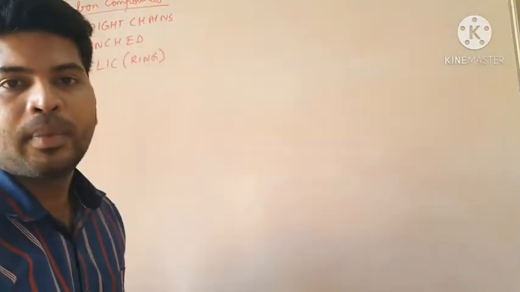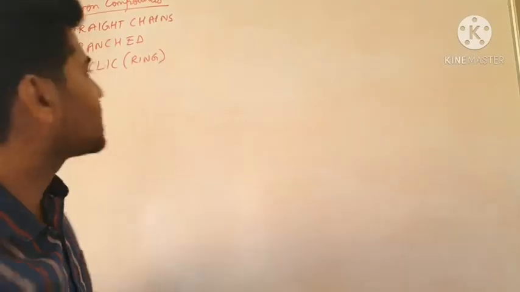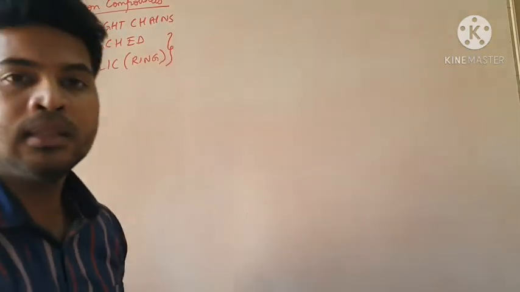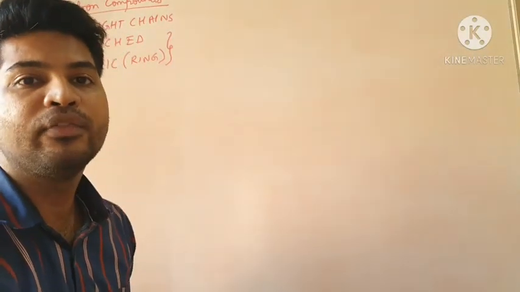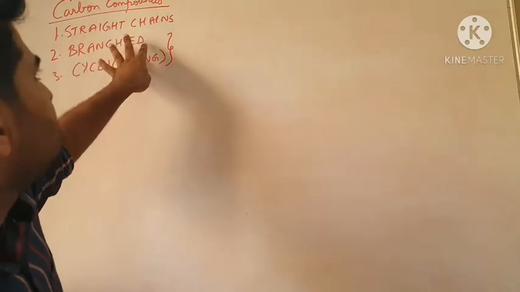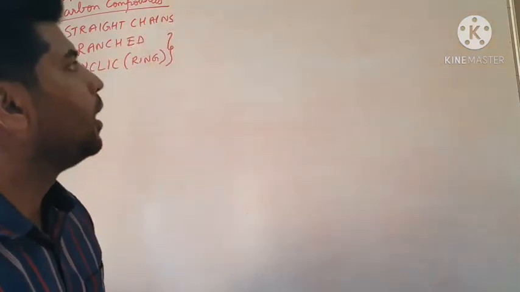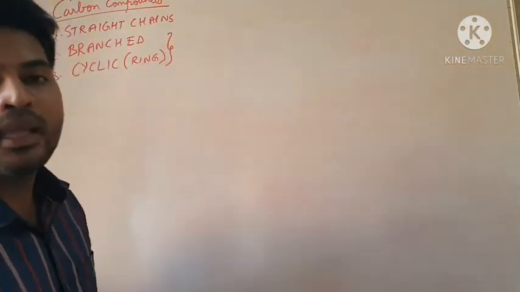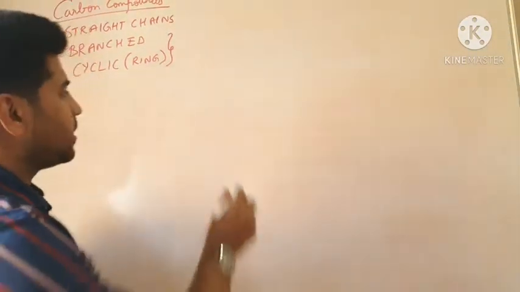So in this particular video we will be discussing the branched and cyclical structures of different carbon compounds. Let us begin with branched structures of carbon compounds. To understand this, let us take butane as an example.